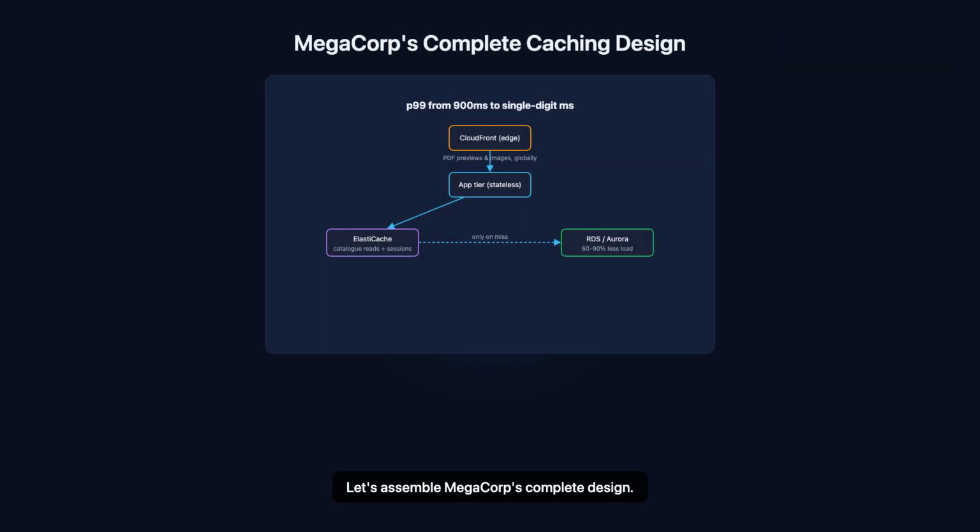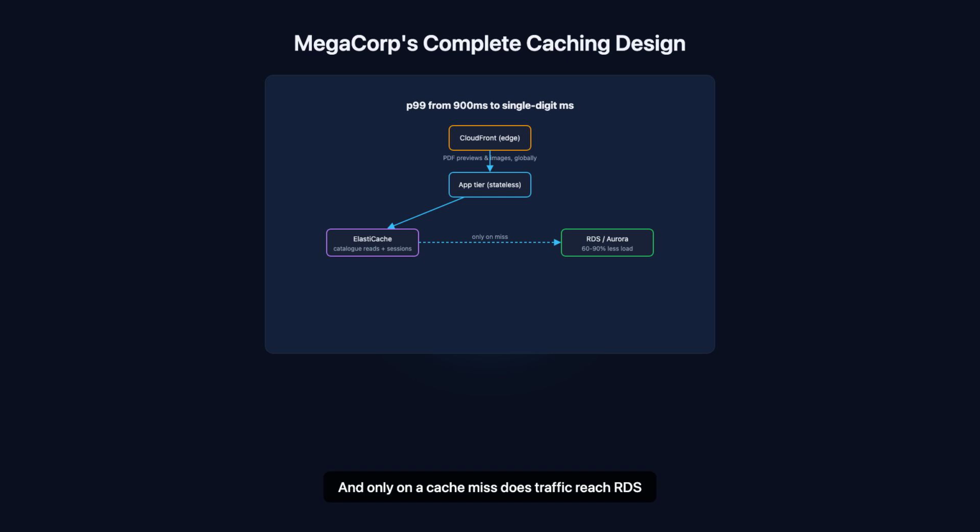Let's assemble MegaCorp's complete design. At the edge, CloudFront serves supplier PDF previews and product images to buyers everywhere in the world in milliseconds. Behind it sits a stateless app tier because session state lives externally. That app tier reads through ElastiCache, which holds both the catalog reads and the shared sessions.